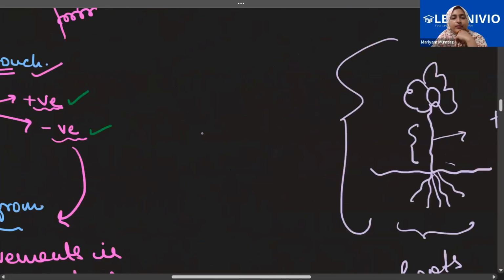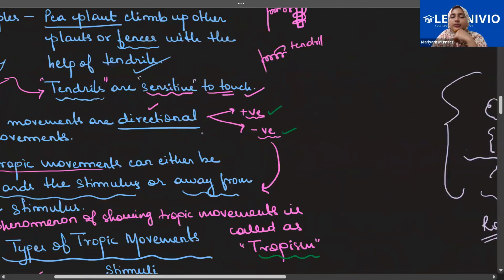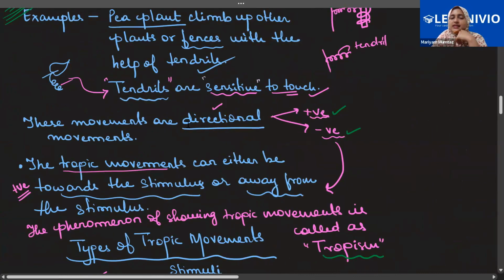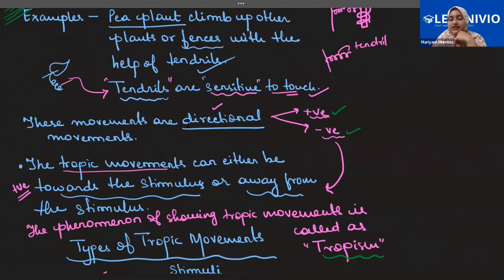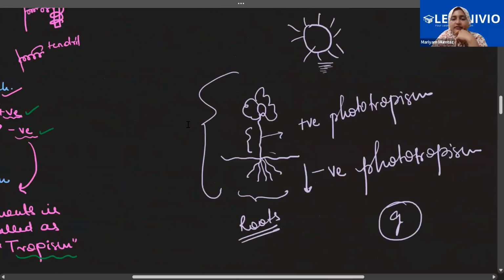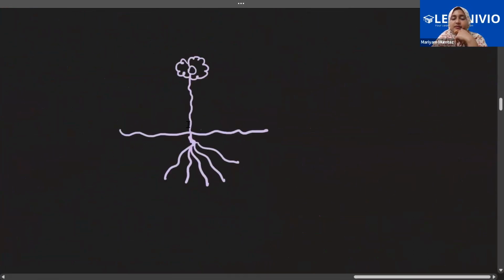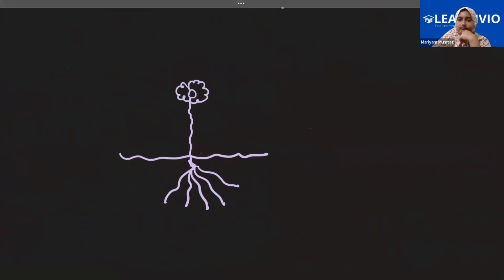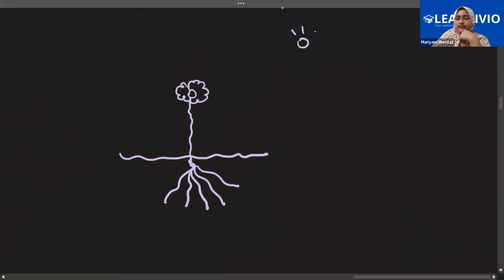All right. Now, we said that the tropic movements can be either positive or negative. Now, if we talk about the stimulus being the sun, the stimulus is the sun.